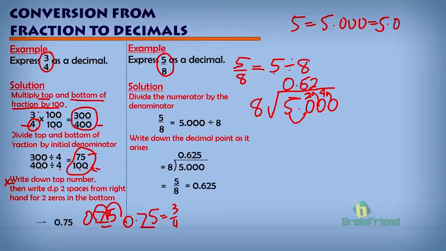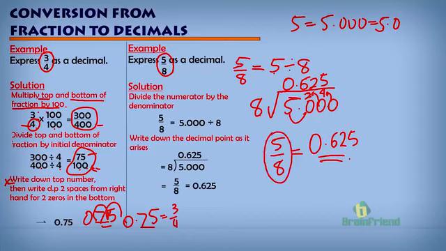How many times? 5 times exactly. So, there ends our division. Since we no longer have remainders where we need to continuously merge the 0 and divide by 8, it means that 5 divided by 8 has given us the decimal 0.625. 0.625 is the decimal form of the fraction 5 over 8.